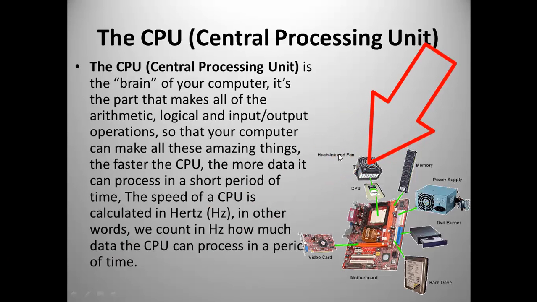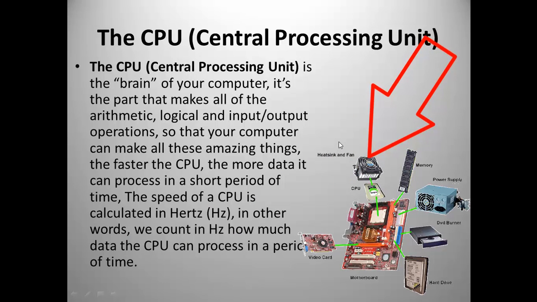Next is the CPU, Central Processing Unit. This is the guy who thinks and comes up with all of the processes, comes up with the most difficult mathematical process or equation, and is going to give it to you in less than 1 second. Yes, it's that exciting, right?